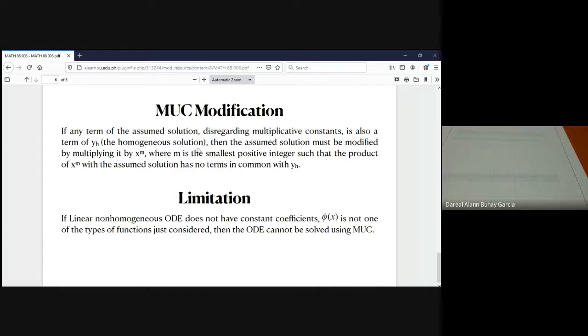If any term of the assumed solution, disregarding multiplicative constants, is also a term of the YH, meaning our assumed YP has the same look as our YH, since we solve YH first, with the same form as our homogeneous solution, then before we solve YP, we modify it. If only some parts are the same form in our YP and YH, we make a modification to our YP by multiplying it by x to the power of something. That something depends on the form of our YH.